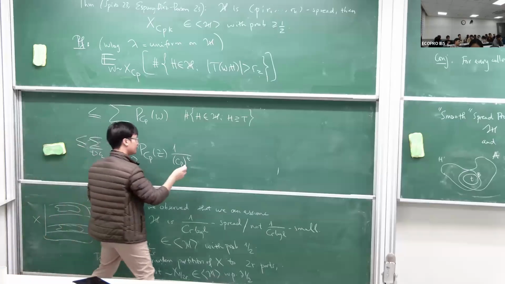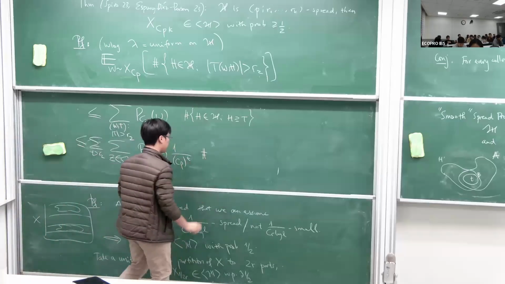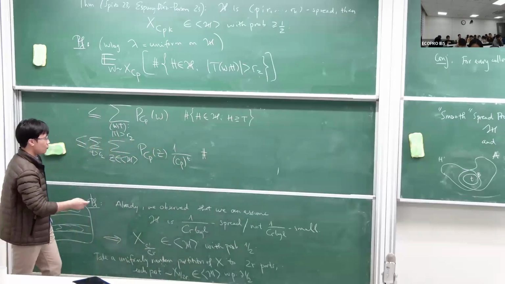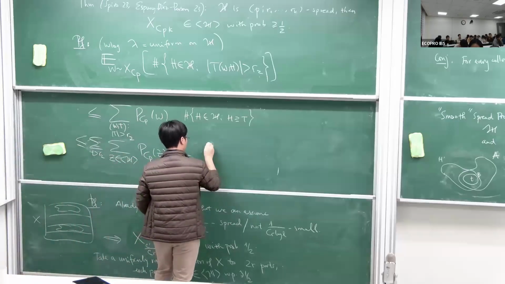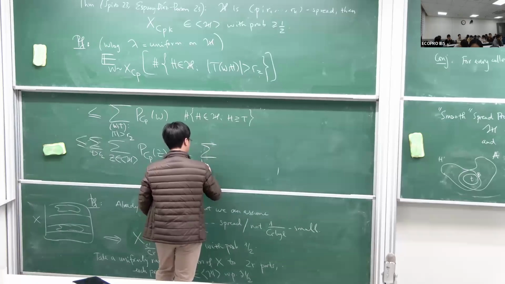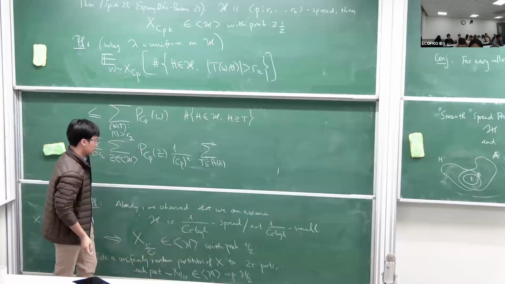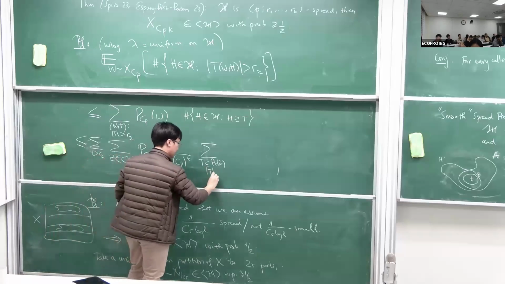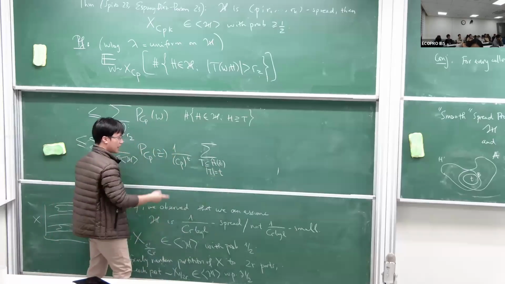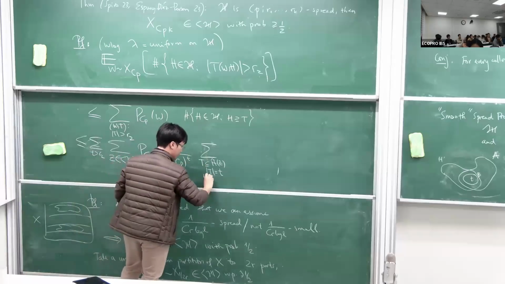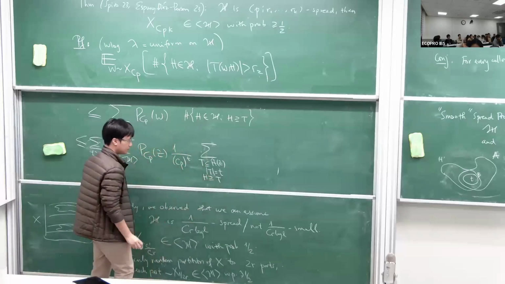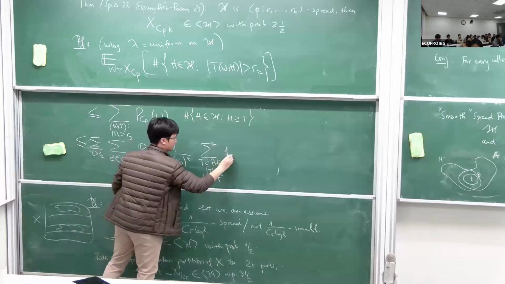Okay, and now inside we are going to have, well, what exactly? We'll have the sum over T subset of H hat of Z of size equal to T. And we will also sum over H containing T. Let's say, or just sum 1 here.